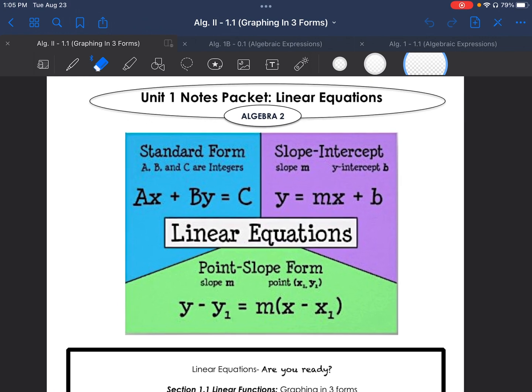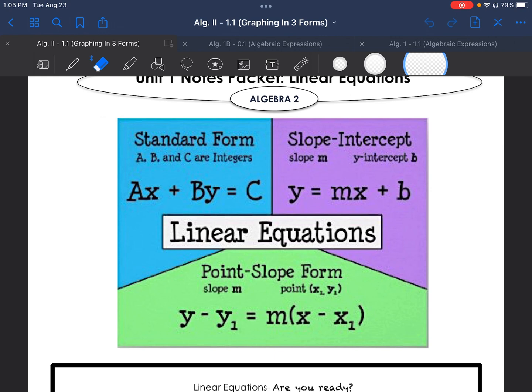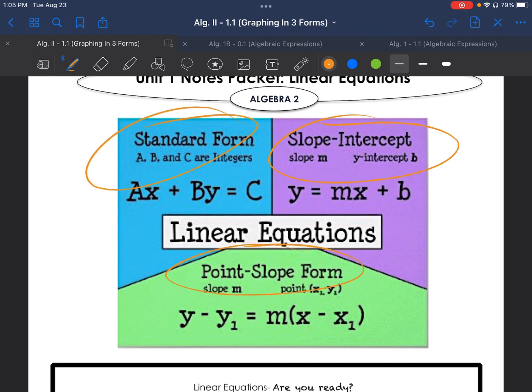I'm going to note that initially we're talking about linear equations, and there are three main forms for linear equations that we use: slope-intercept, standard, and point slope. Of these three, without a doubt, the one that we use the most and probably remember the most is slope-intercept. We remember y equals mx plus b even if we do not remember the name.